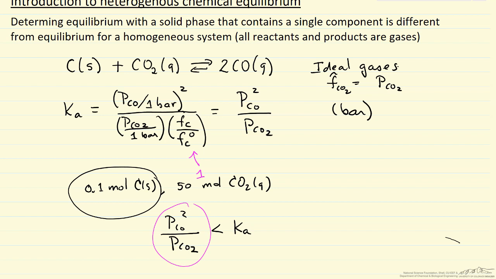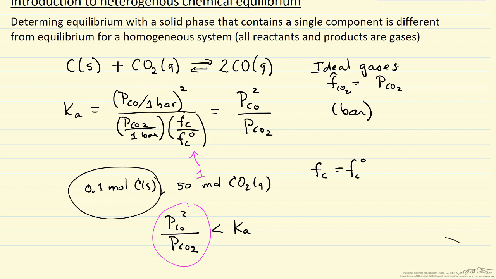But we have no carbon left to react, so we cannot satisfy equilibrium. The important thing to keep in mind is the fugacity of carbon is equal to pure component fugacity if carbon is present. If there's no carbon, the fugacity is 0. We can't satisfy the equilibrium expression.